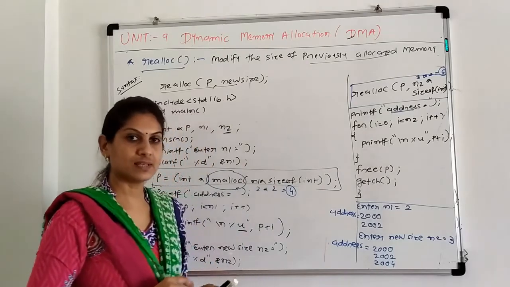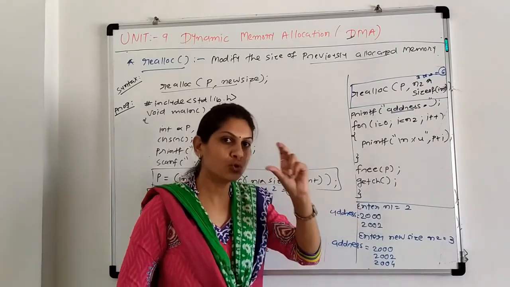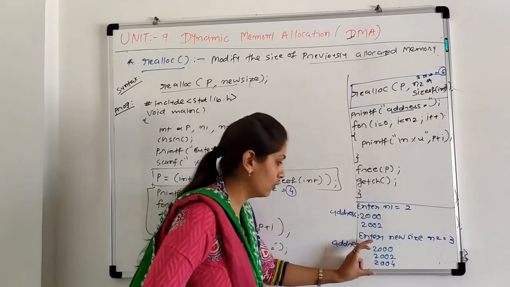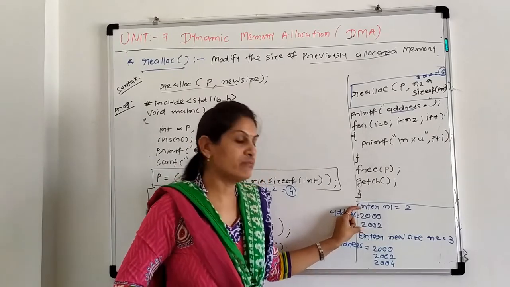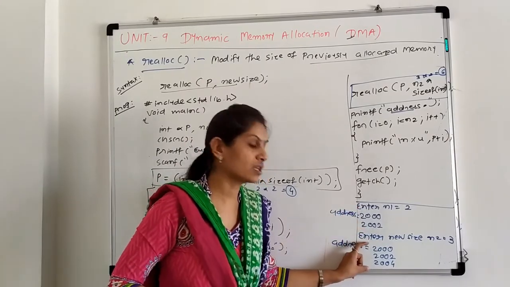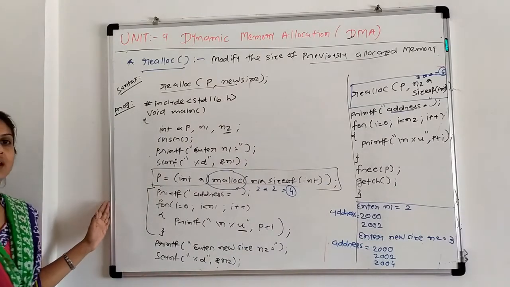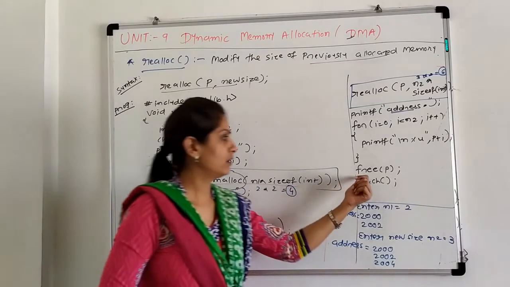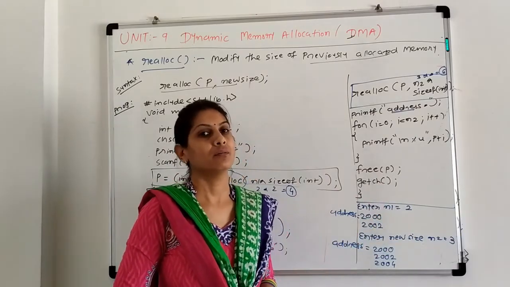So this is the concept of reallocation. Previously we allocated 2 blocks of memory and now we are changing the size of the previously allocated memory to 3 blocks. Clear? This is the program using realloc, and finally we are using free, which frees all the allocated memory.